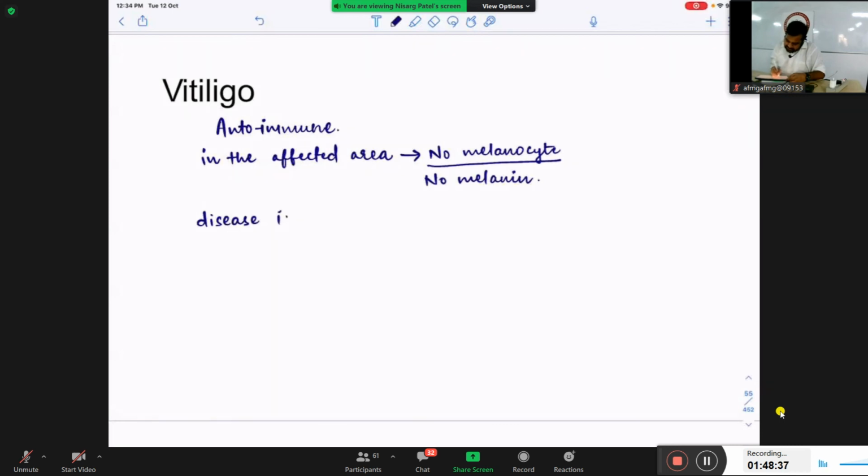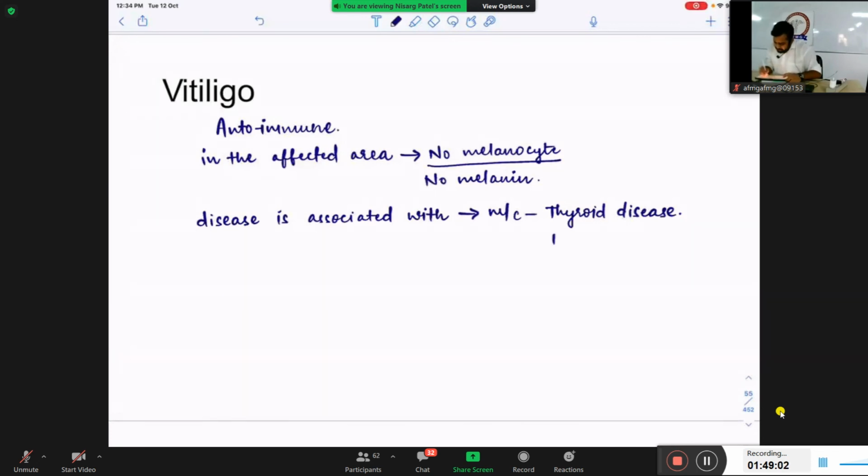This disease is associated most commonly with thyroid disease.